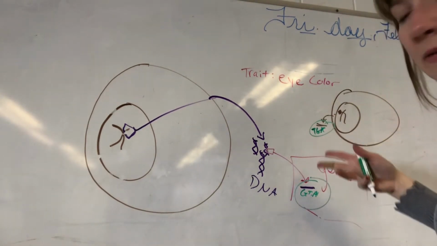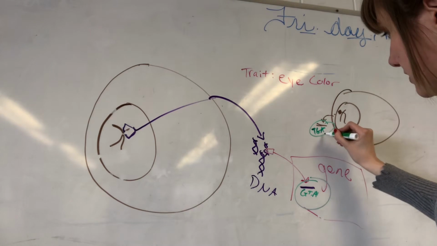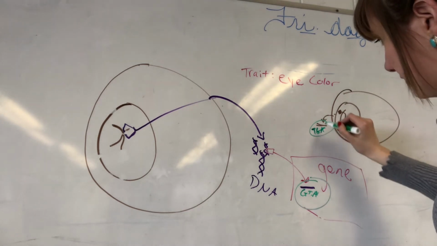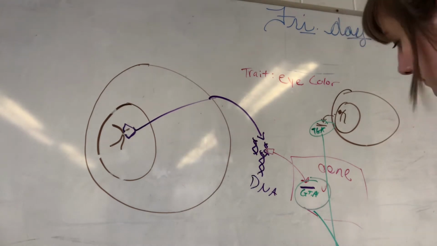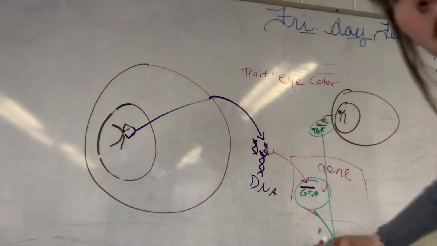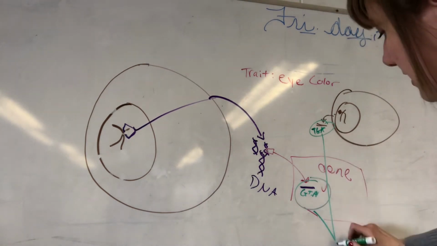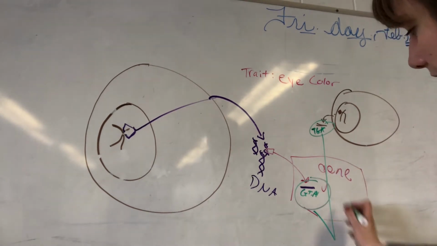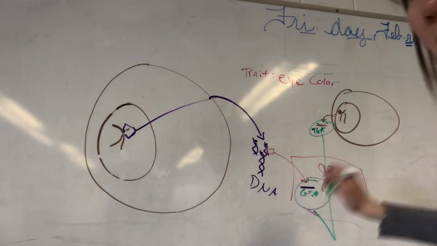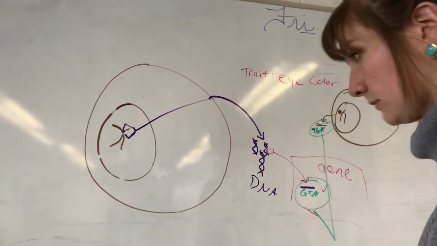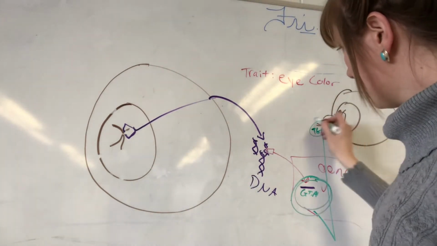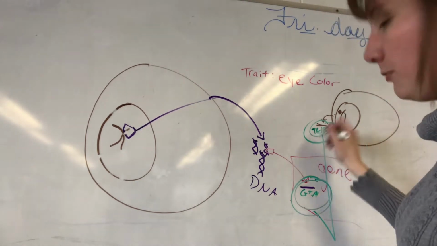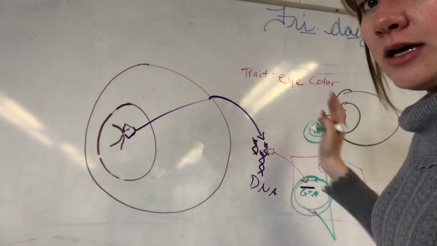We bring these two genes together, and you're going to have a mixture of these two. But is it really a mixture? No. That's what we're talking about. Either GTA or TGA, one of these genes is going to mask the other.